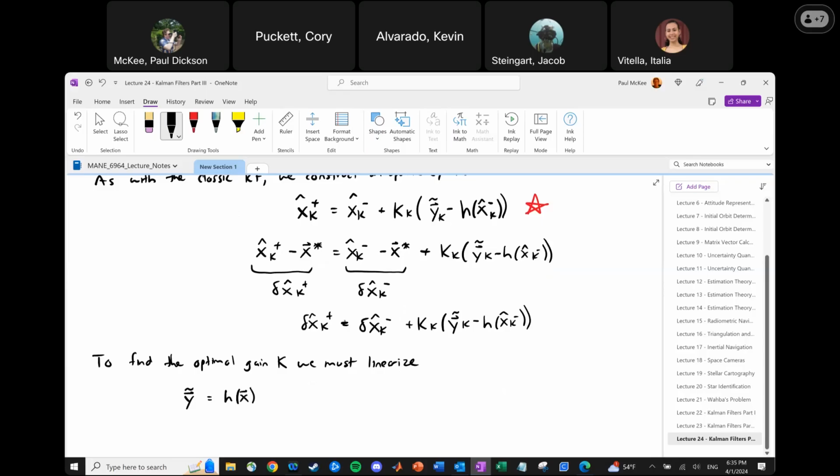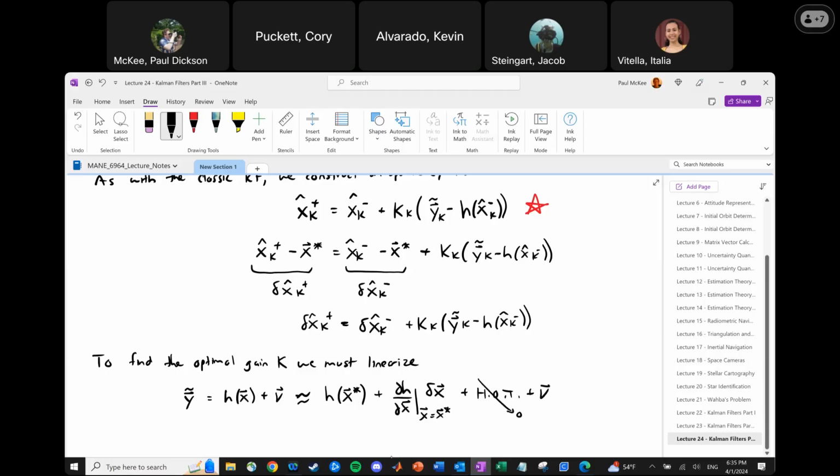Y is h of x plus nu, but that is approximately equal to h of the reference trajectory plus the derivative of h with respect to the state, evaluated at the state being the reference trajectory, multiplied by delta x plus some higher order terms. And we can't forget bringing our noise along for the ride.